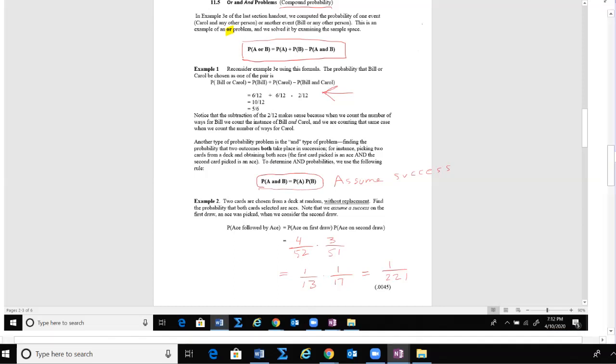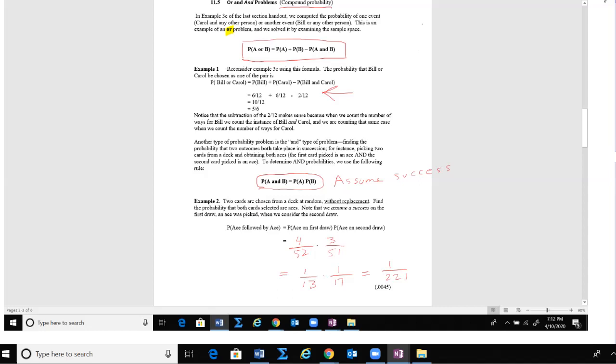We're wondering about the probability that we get 2 aces in a row. The probability of the second card is affected by what happens on the first draw, because number 1, there'll be fewer cards to pick from. 1 card was removed. And number 2, if we assume that card was an ace, then there'll be fewer aces in the deck to pick from.